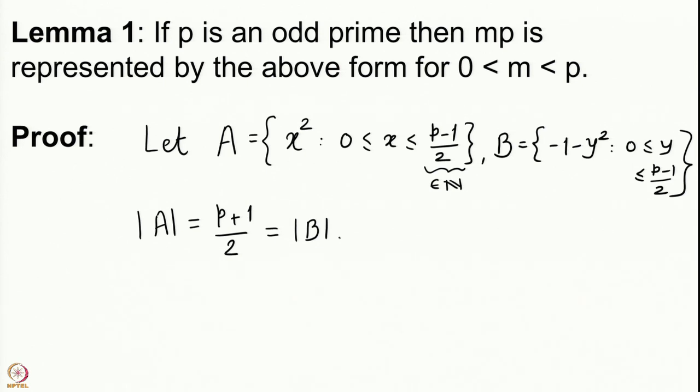Observe one basic thing that we have used is that if you take any x from 0 to (p minus 1)/2 and any other x prime, then their squares are never equal. In fact, if you have a square congruent to b square modulo p, then a has to be plus or minus b modulo p. This follows from Euclid's lemma.